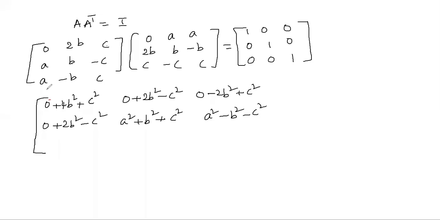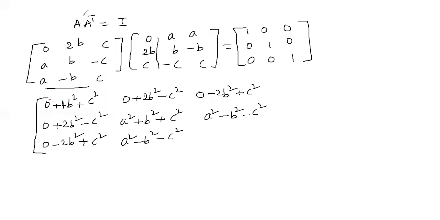Next third row into first column: a into 0 is 0, minus b into 2b is minus 2b square, c into c is c square. Next third row into second column: a into a is a square, minus b into b is minus b square, c into minus c is minus c square.